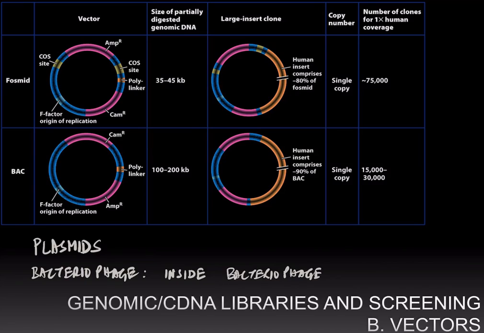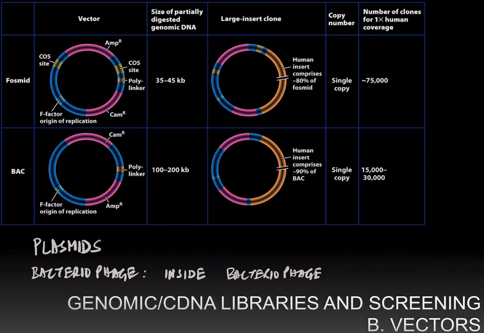Another kind of vector is called a fosmid, which is a hybrid of DNA from the fertility factor, or F plasmids, and from bacteriophage lambda DNA. And these are delivered as vectors through transduction to bacterial cells.